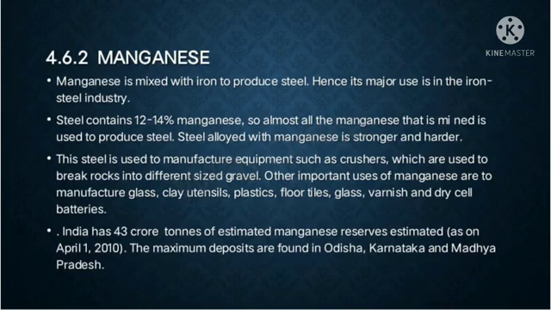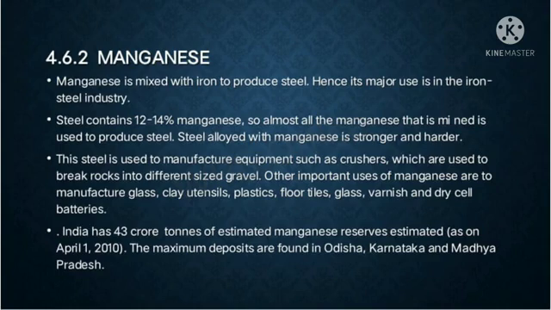Other important uses of manganese are to manufacture glass, clay, utensils, plastics, floor tiles, varnish, and dry cell batteries. India has 43 crore tons of estimated manganese reserves as on April 1st, 2010.